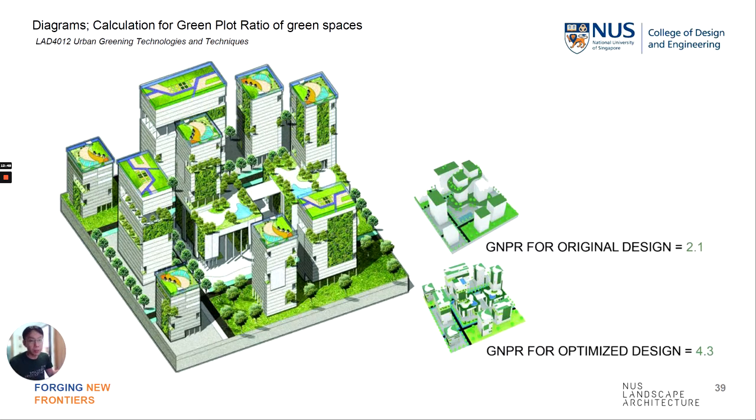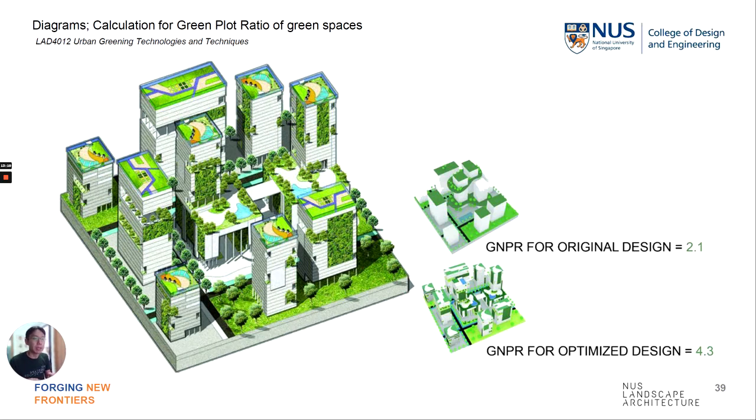At a larger scale, we also look at how we can ensure that in the process of urbanization and building taller buildings, there's an equal amount of vegetation that goes back into the buildings, right? One of the things that we use in Singapore is calculating GnPR, or green plot ratio.